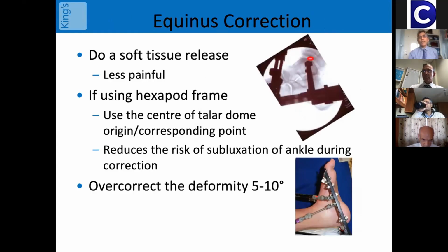And since I started using this, I've done half a dozen frames using this technique. The talar dome stays very well under the tibia, and I haven't seen any adverse effects of doing this. And of course, always overcorrect the deformity once you've reached the plantigrade. Overcorrect the deformity. They don't walk after that. And then after 4 weeks, I remove the frame.